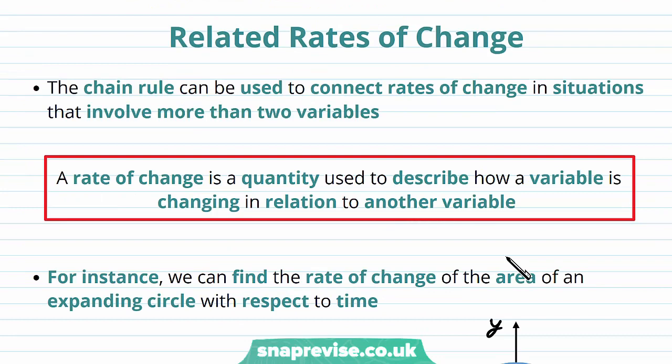So how can we deal with related rates of change using the chain rule? The chain rule can be used to connect rates of change in situations that involve more than two variables. A rate of change is a quantity used to describe how a variable is changing in relation to another variable.